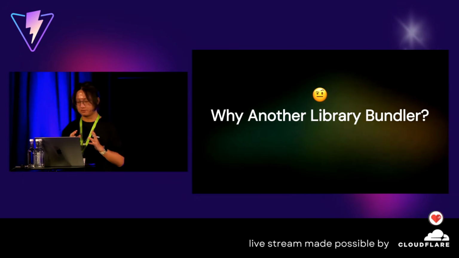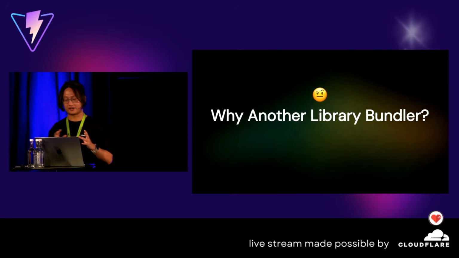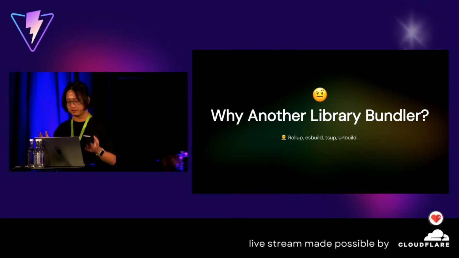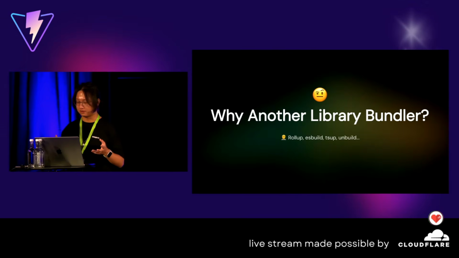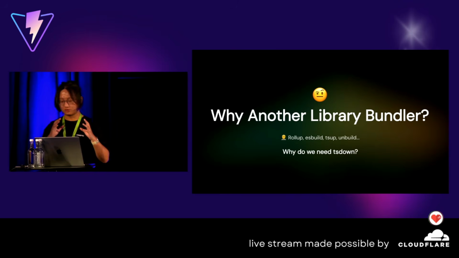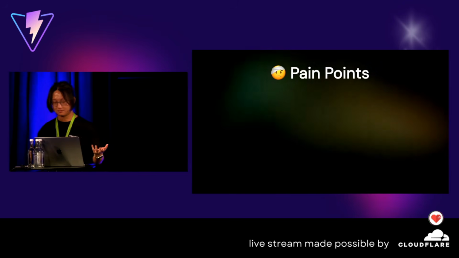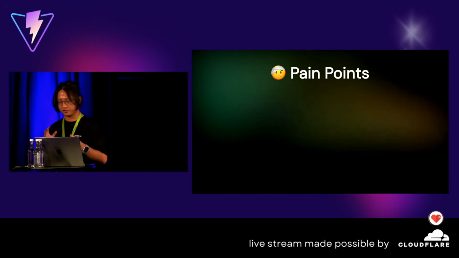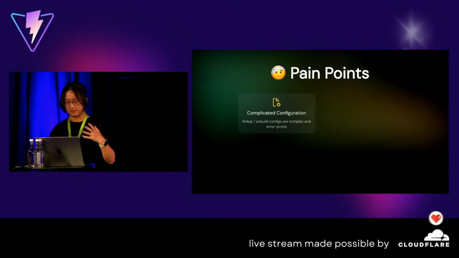So you might be wondering, there are already so many library bundlers out there, like Rollup, ESBuild, tsup, or Unbuild, and more. So why do we have another one, tsdown? Actually, publishing a library comes with a lot of pain points, right? For example, the complicated configuration.